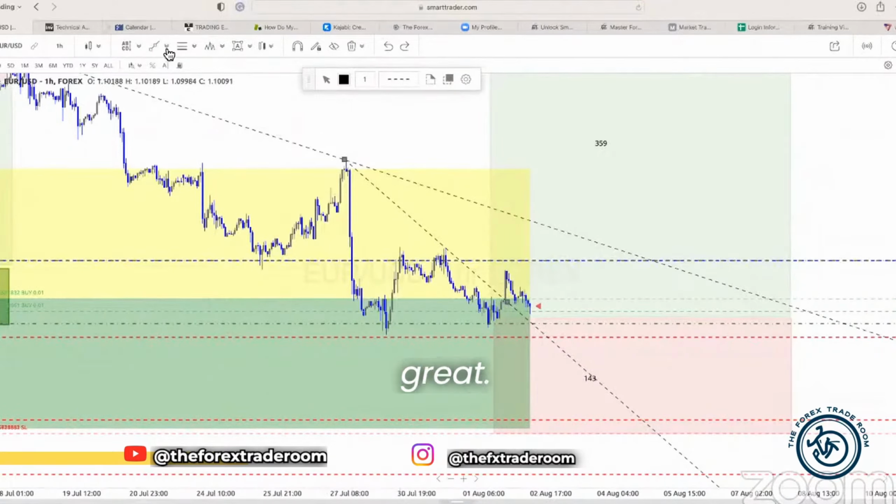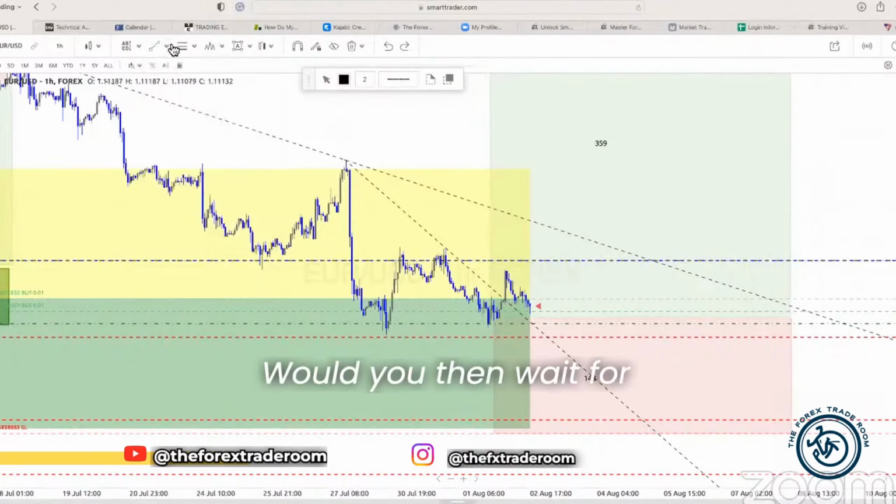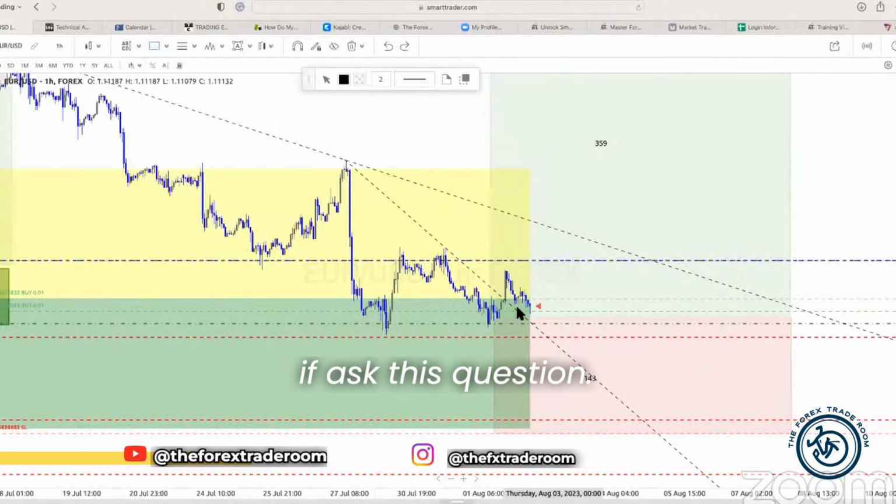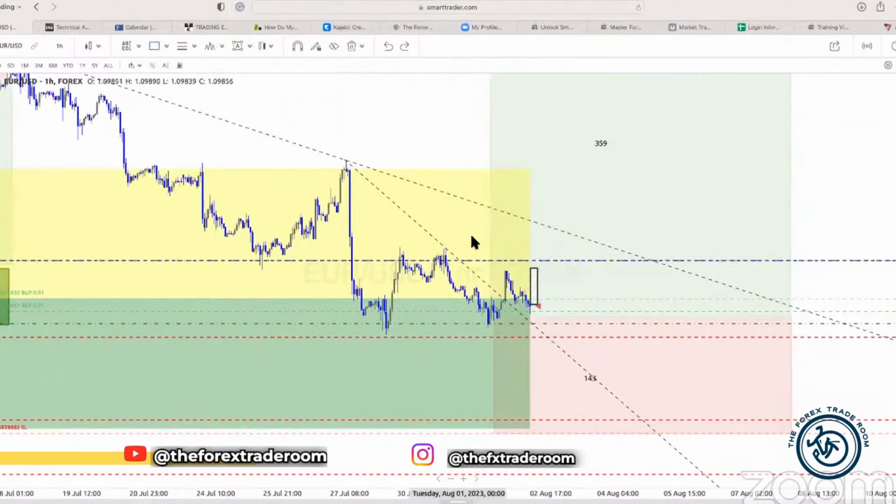No? Okay, great. Would you then wait for, well, ask this question, if you get a bullish candle to confirm that swing low that looks like that, would you enter the trade? Why not?